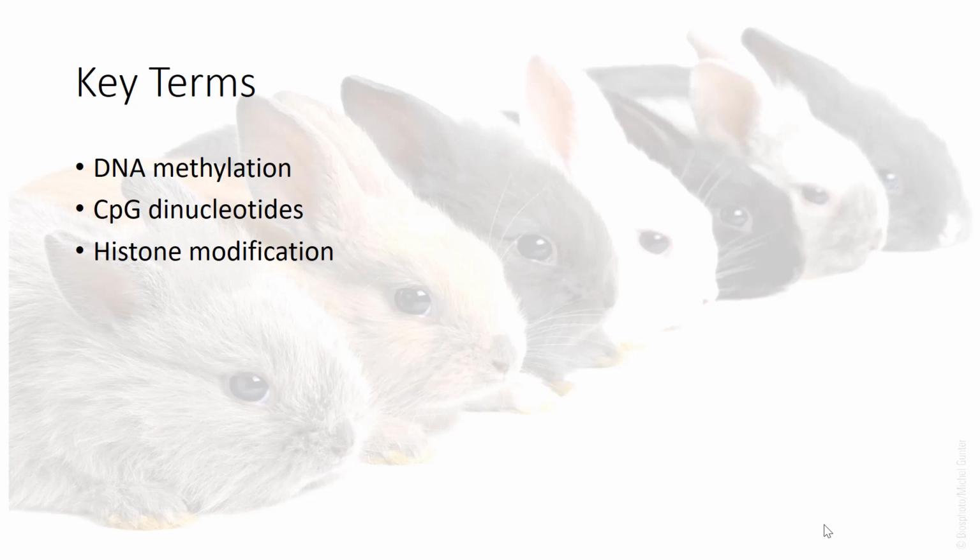All right, histone modification. Other than DNA methylation, this is probably the next best understood and studied of the epigenetic factors. And here you're not adding methyl groups to the actual bases. Instead, you are adding methyl groups or acetyl groups or phosphates or ubiquitin to the histones.